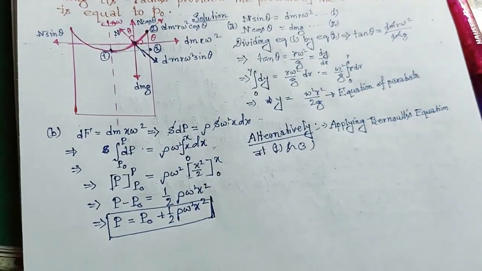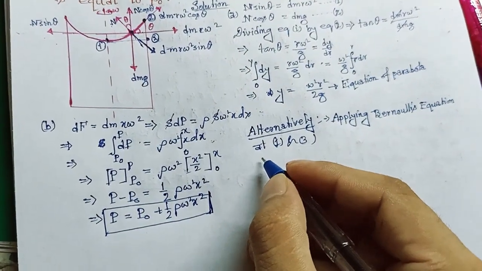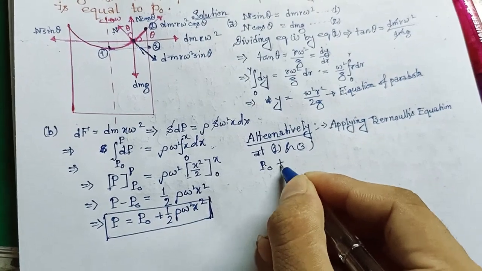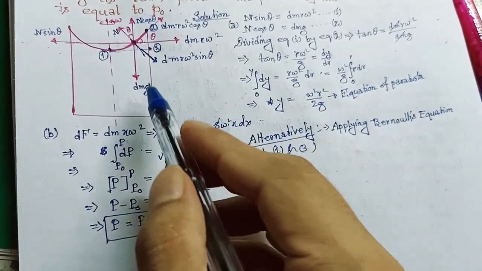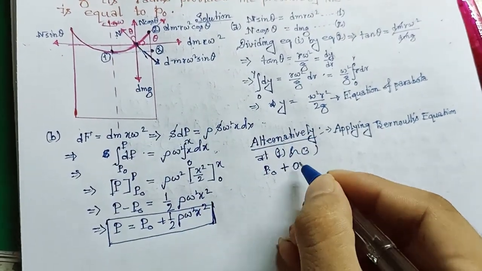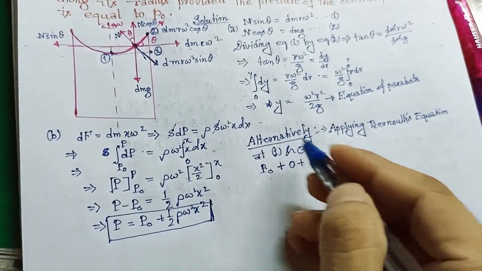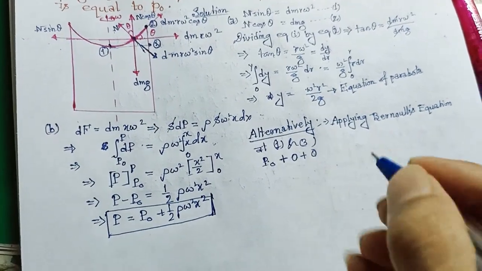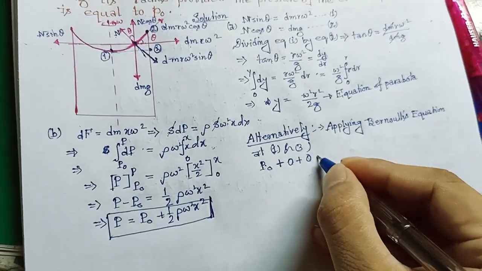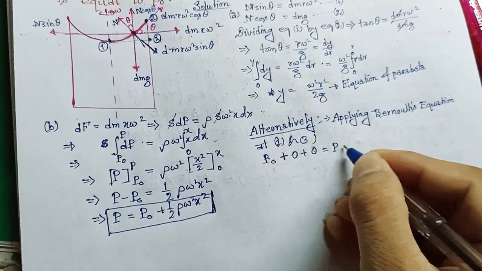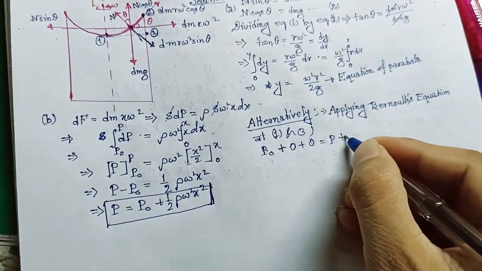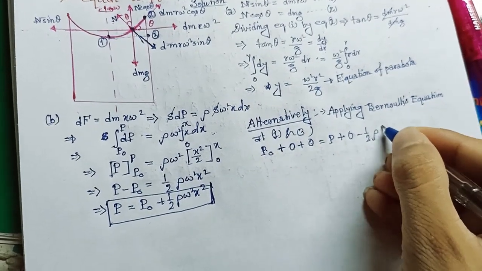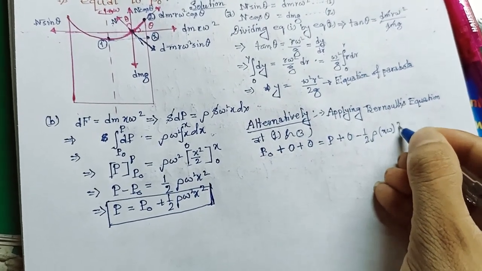then we'll get, so Bernoulli equation at the point 1 will be p naught plus, as the velocity is 0 here, so our half rho v square will be 0, plus as the distance is the datum level, then we can write rho g z is equal to again 0. That will be equal to p plus 0 minus half rho into x omega whole square.